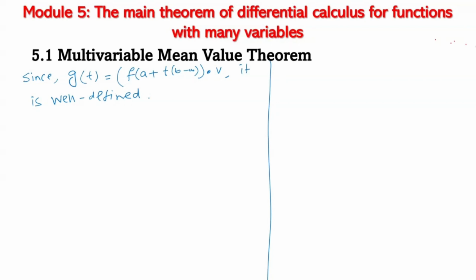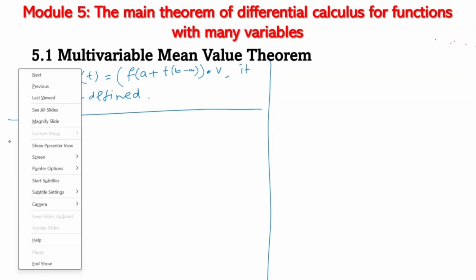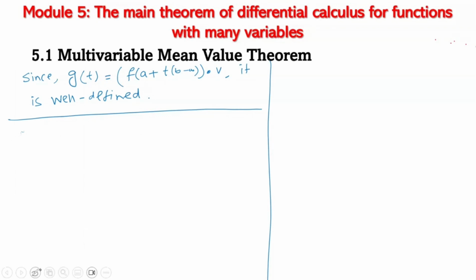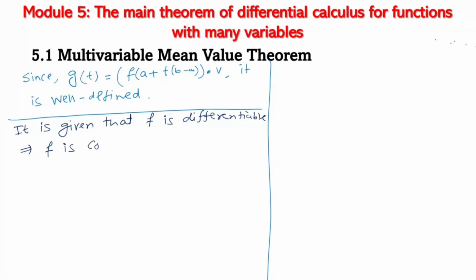Now the second part starts here. It is given that f is differentiable. Since f is differentiable, differentiability implies continuity, so f is continuous.